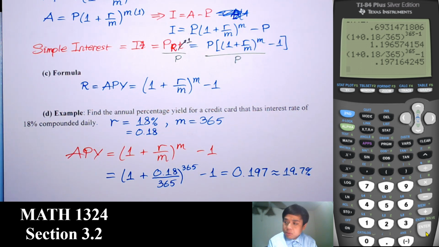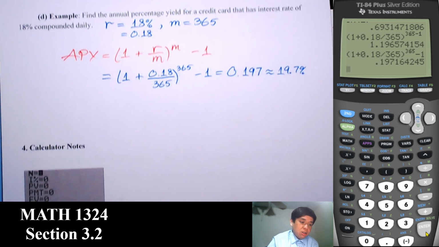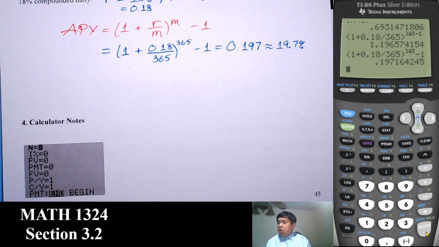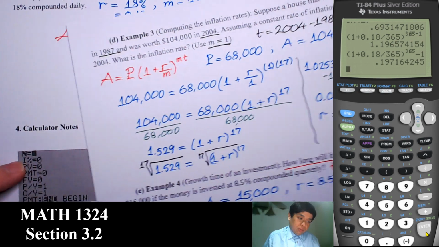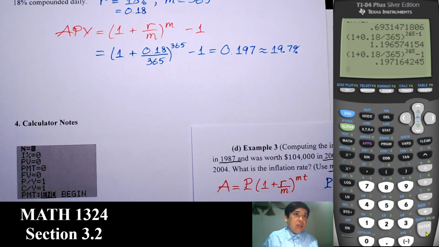Right. Before we finish the section, let's have a note on the calculator. So just take a look at some of the problems. In the calculator, I'll write out what we need.